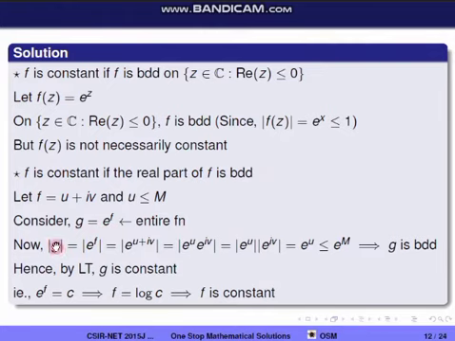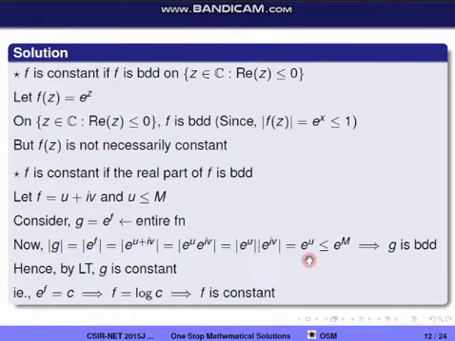Now consider mod g, that is equal to mod e power f, that is equal to modulus e power u plus iv. So that is equal to mod e power u into mod e power iv, that is equal to mod e power u, because mod e power iv is always 1, and we know exponential is always positive, so we can neglect the modulus sign. So that is equal to e power u. We have u less than or equal to m, so e power u will be less than or equal to e power m.